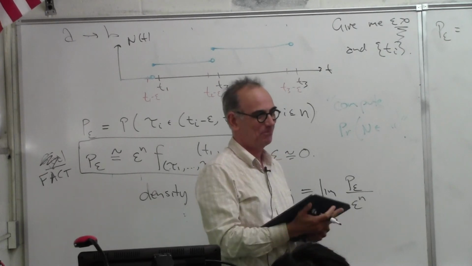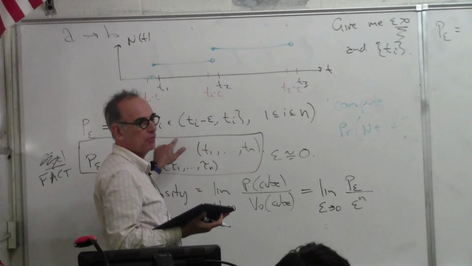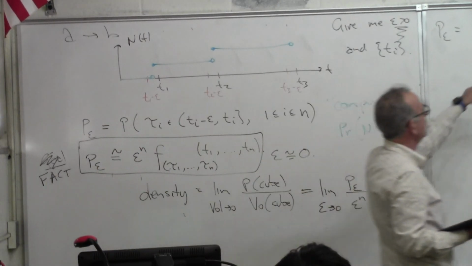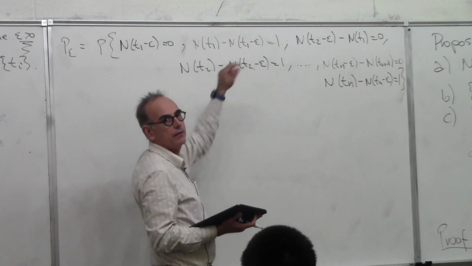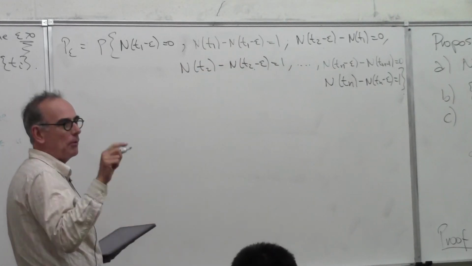Sorry, not union, excuse me. I want this to be true for each i, so intersection. And the same thing here: this and this and this. So commas mean and. That's what I mean. It's too bad we don't use ampersands.